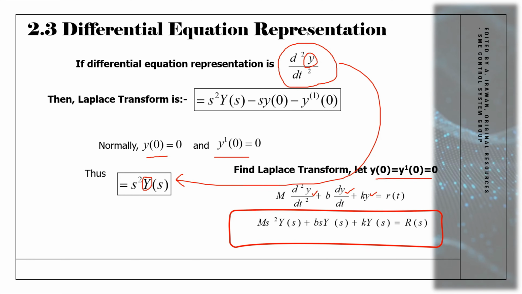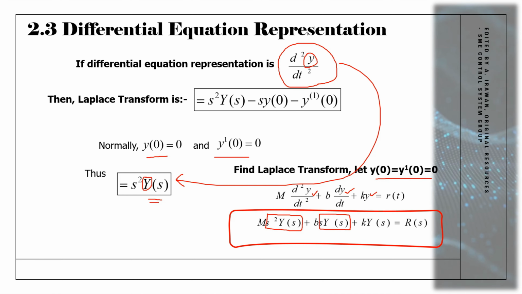As you can see here, for the double differential, we just take from here. So we can get this differential equation in S domain for the double differential, and this for the single differential.